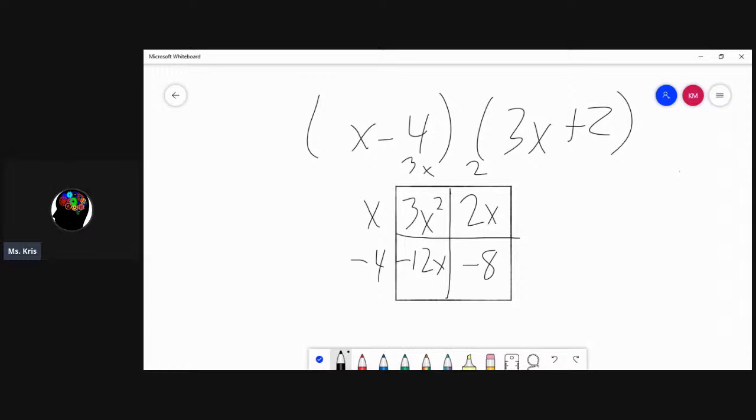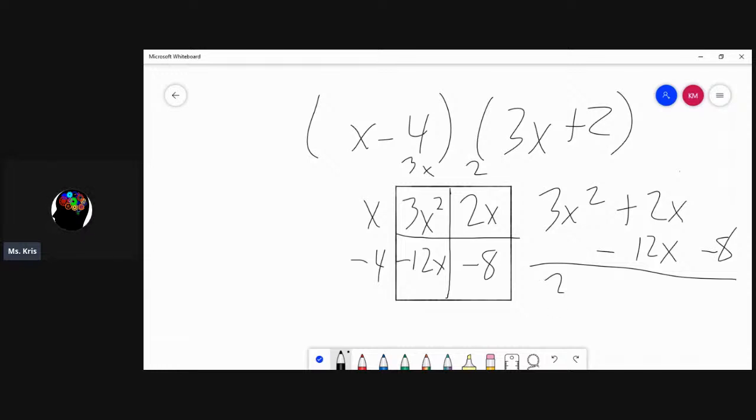So now, I take my terms and I combine them. So I have 3x squared plus 2x, and you have a minus 12x and a minus 8.